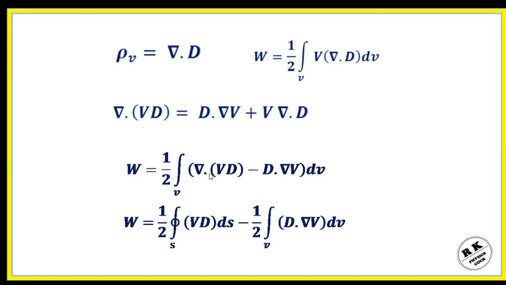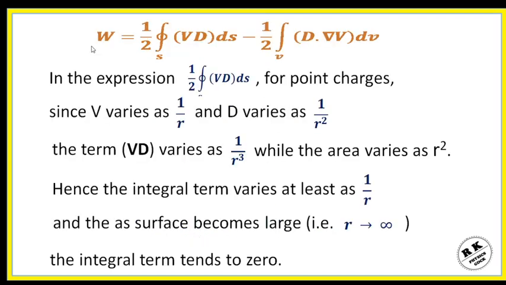We know that the surface integral of any vector is equal to the volume integral of the divergence of that vector. So we are replacing this with the closed surface integral of VD. Again, V is a scalar potential and D is a vector. Again we reproduce the same equation here.